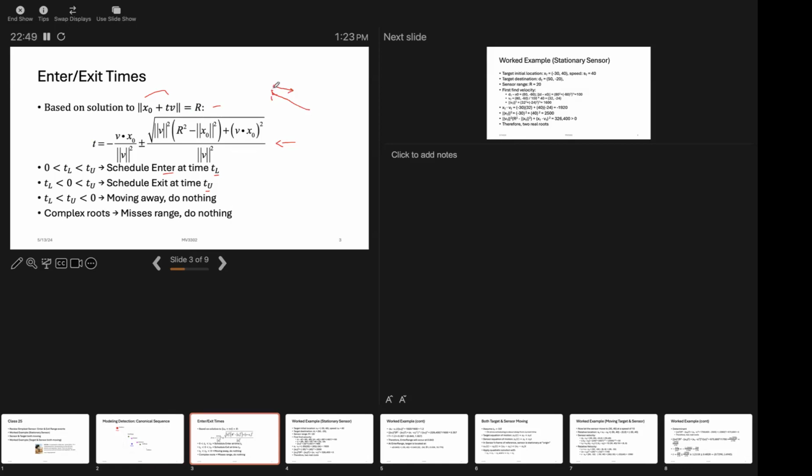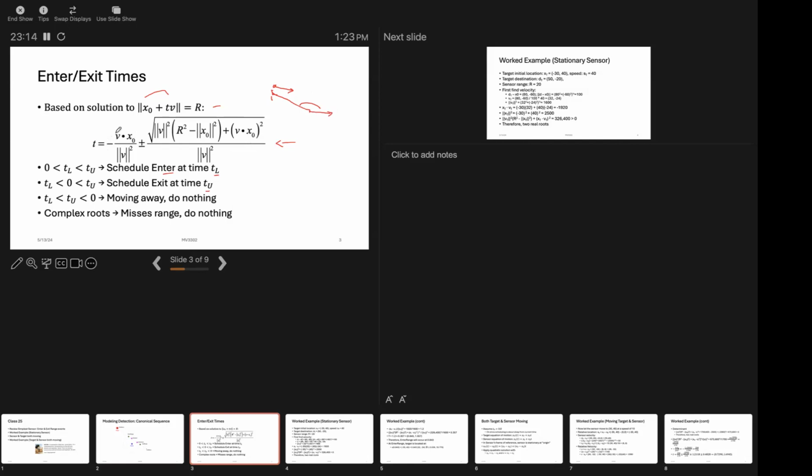Because this vector, even though it's based here, just as a vector, is really down here. And so for this, we have an obtuse angle, and the cosine of an obtuse angle is negative. And so this inner product is going to be negative in that situation, which accounts for this minus out in front.